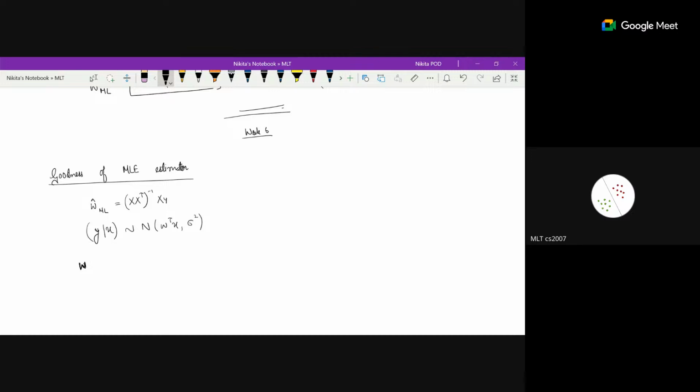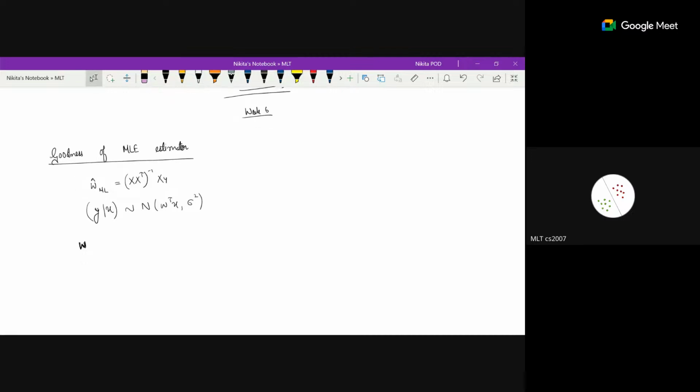Now to check the goodness of this estimator, we will look at this term, which is the expected value of W hat ML minus W. So W is your true parameter, and W hat ML is something that you have estimated.